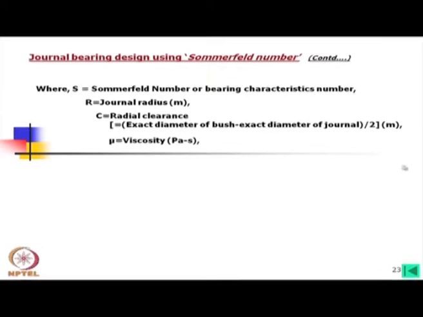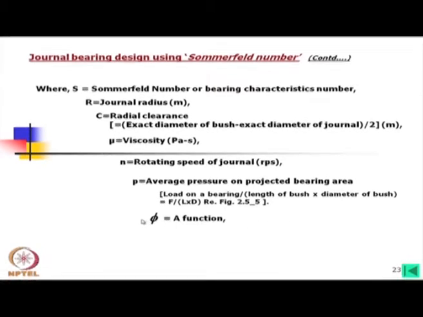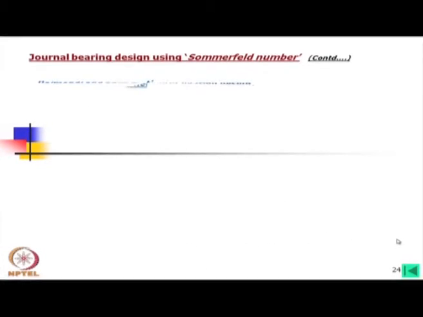Then mu is the viscosity in Pascal second, N is the rotating speed of the journal in revolutions per second, and P is the average pressure on the projected bearing area, which is the load on the bearing divided by the length of the bush times the diameter of the bush, that is F divided by L into D. Phi is a function. Okay. f is the coefficient of friction.